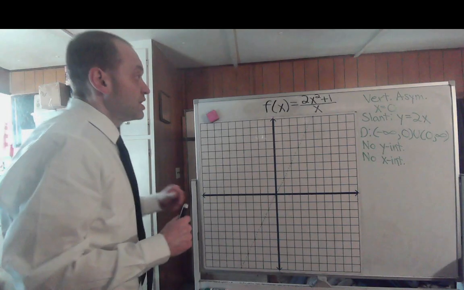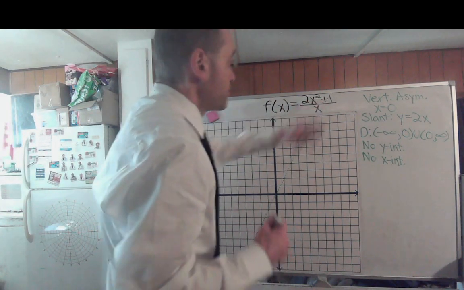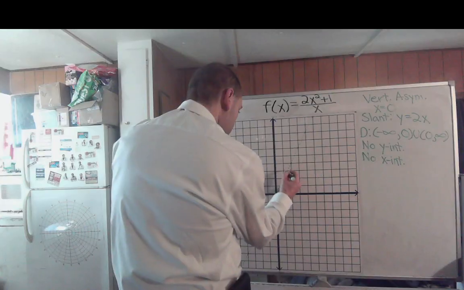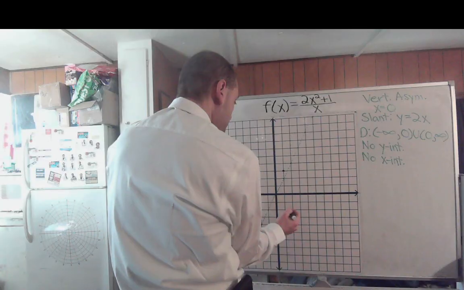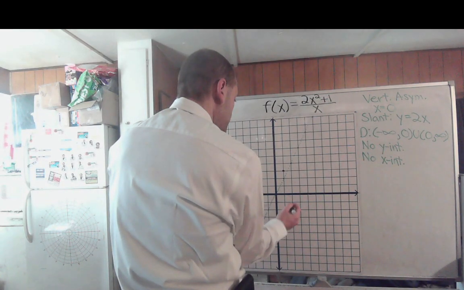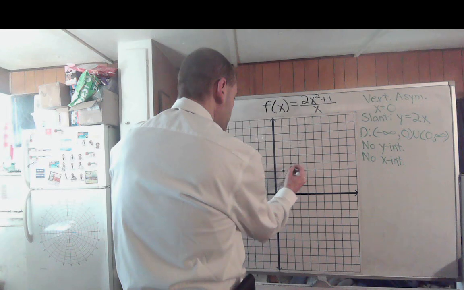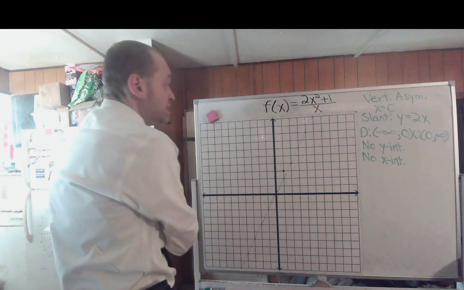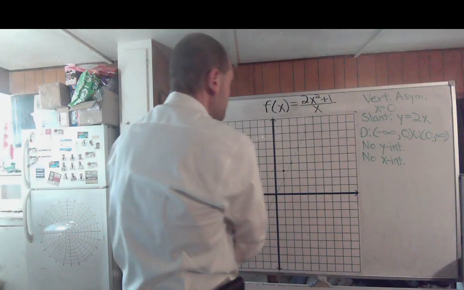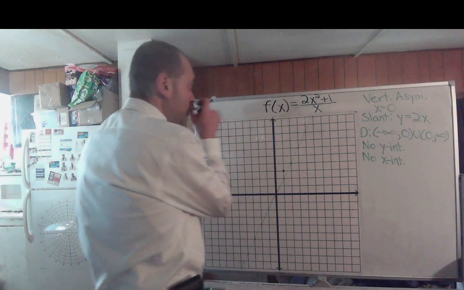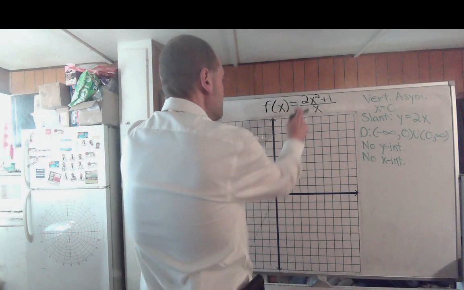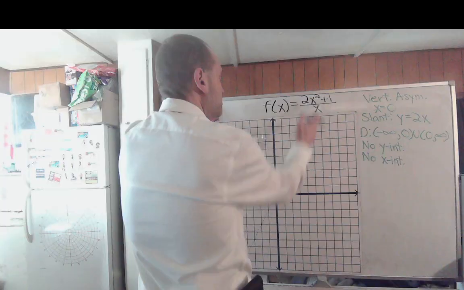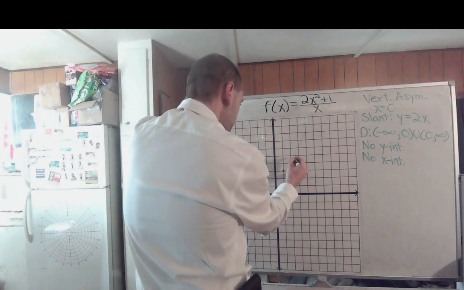So if I put in 1 for x, I would get 3 over 1, which is 3. If I put in 2 for x, 2 times 4 is 8 plus 1 is 9 over 2. That's 4.5.